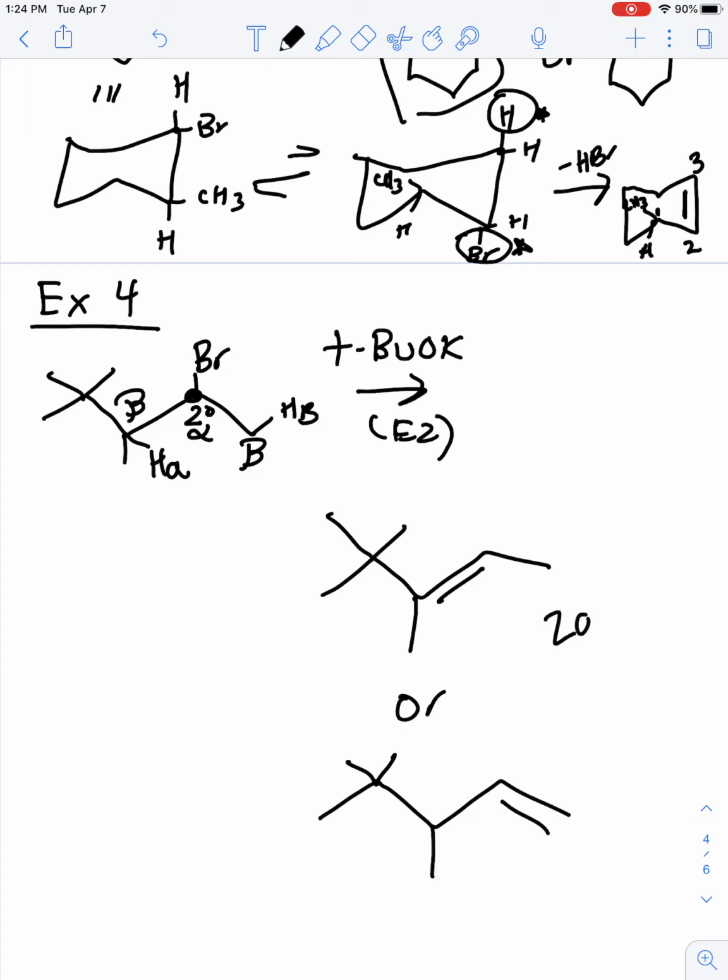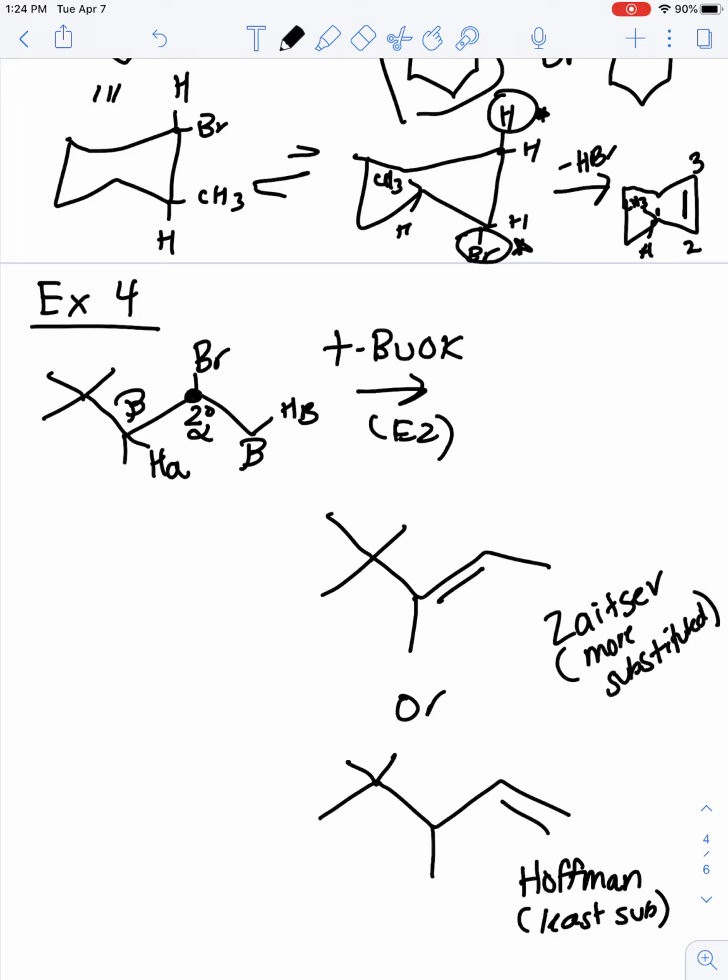Looking at these, we have the Zaitsev product. Remember, Zaitsev is where the alkene is forming on the more substituted carbon, so the alkene is more substituted. When we have the least substituted, this is called our Hofmann product. Looking at these, the major product would actually be the Hofmann product.